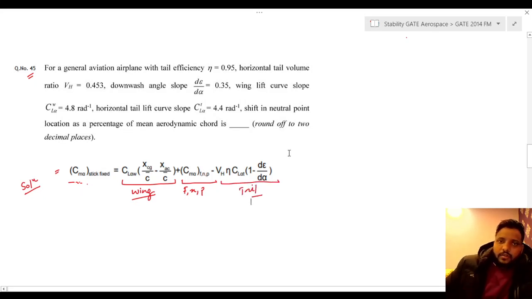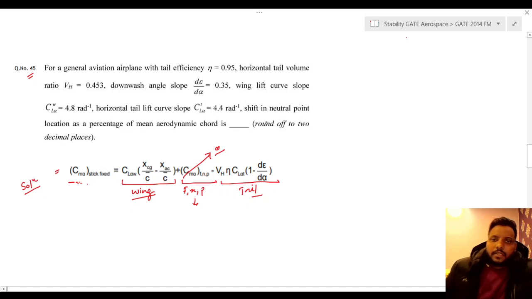If we look at the data given in this numerical, nothing is given about the fuselage, nacelle and power plant, so we can directly put it equal to 0. Now come to the definition of neutral point.